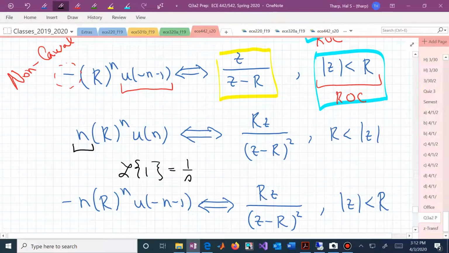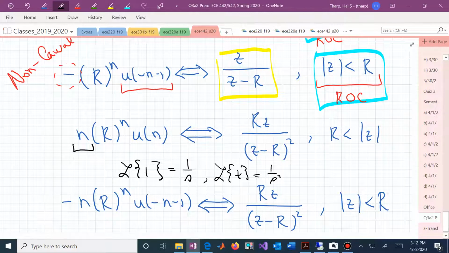That was 1 over s. If we integrated that unit step, we would have a t, and that would give us a repeated pole at the origin. So now this is just a constant times t.